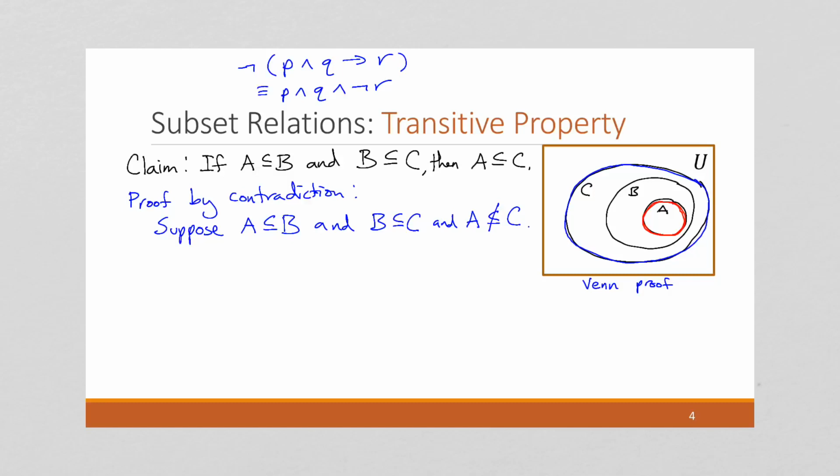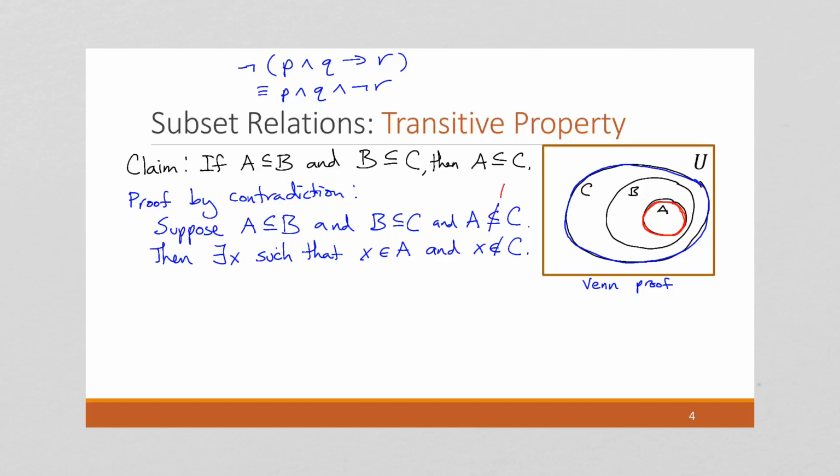Well, what does that mean? Well, if A is not a subset of C, we have a definition for that. You could say, then there exists an element X such that X is an element of A and X is not an element of C. Right? That's what the definition means.